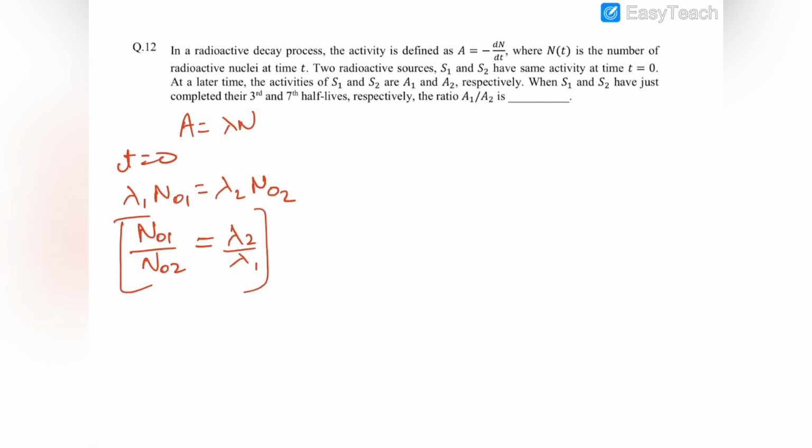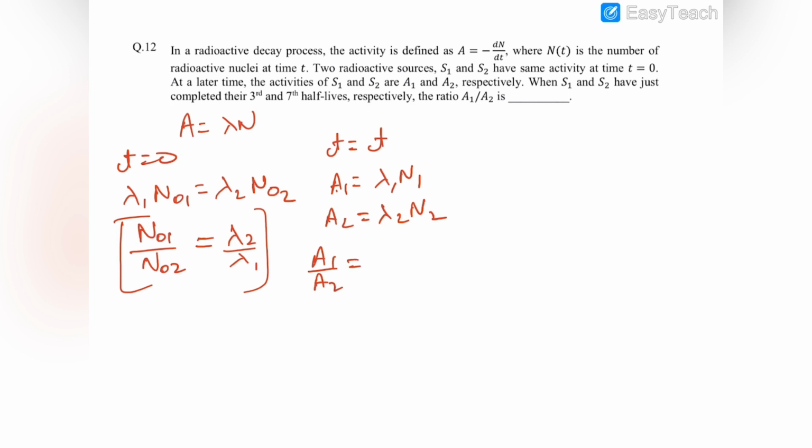Some later time at t equal to t, their activities are A1 and A2. So A1 would be equal to lambda 1 N1 and A2 would be equal to lambda 2 N2. So we have to find out A1 by A2.